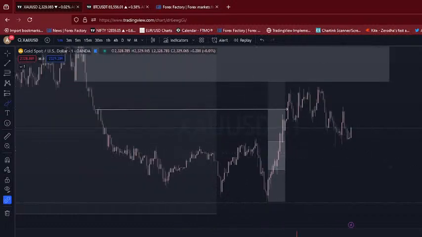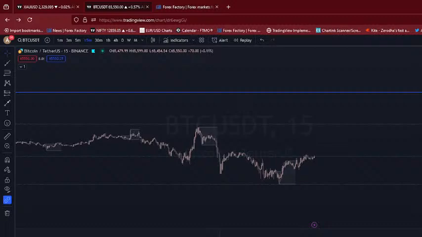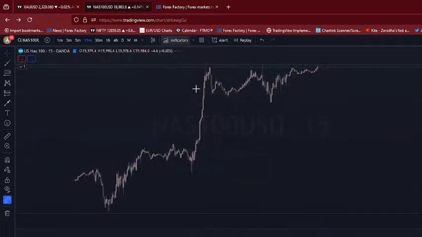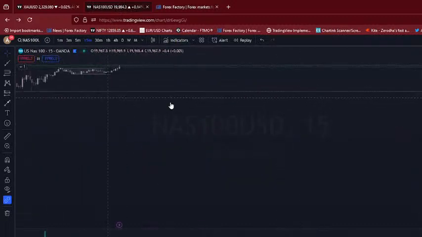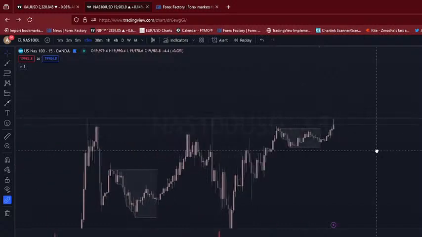Yeah, this was one of my strategies, but it has some tweaks around. Nasdaq right now has no volume per se, so it's not good to trade.